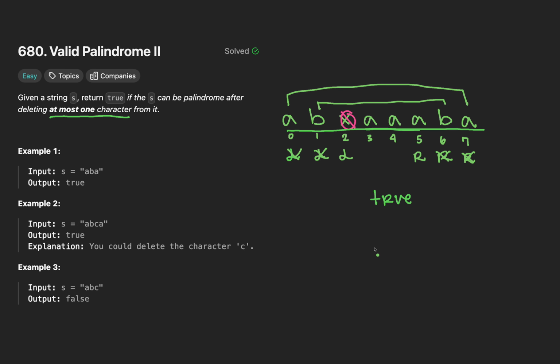That's great and all, but how do we approach deleting a character in a programmatic way? We don't actually remove the character because that would be a big O-N operation. Instead, you'll see in the code that we'll just call a helper function to remove this X by passing in the left pointer at the next index. The right pointer will remain where it is.